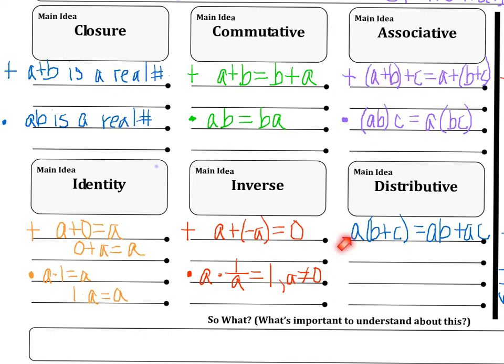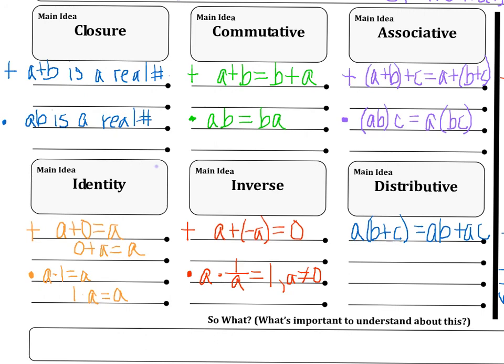The difference being we have a number here going to both. There's no parentheses here. Here we have parentheses in both sides. And then the ordering of the numbers does not change. So that's the difference between the associative and the distributive. I can easily see you mixing those two up.